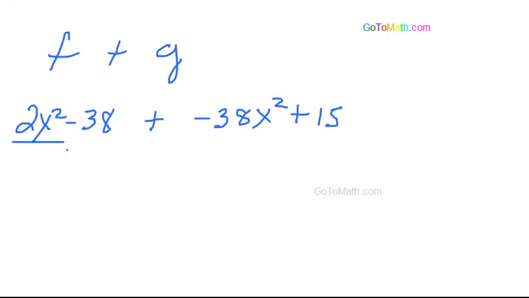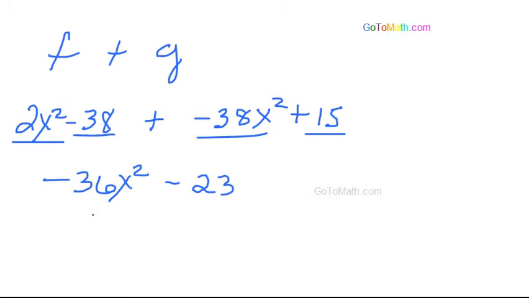Let's collect up our like terms. We have 2x squared minus 38x squared, and just subtract 2 off from that, so we end up with a negative 36x squared. Now we have a negative 38 and a positive 15, and that gives negative 23.